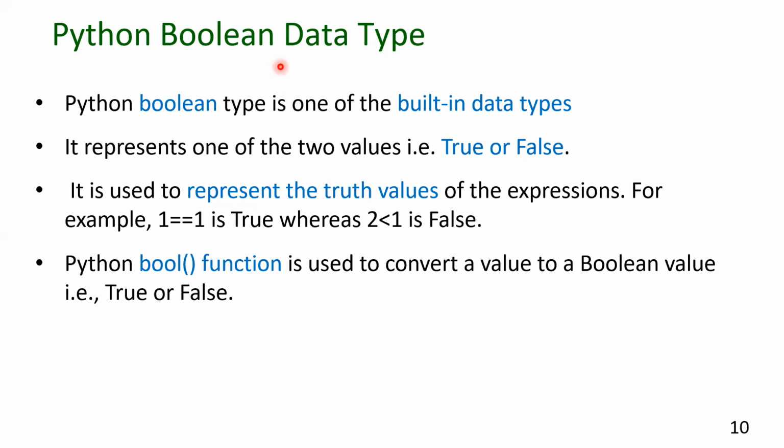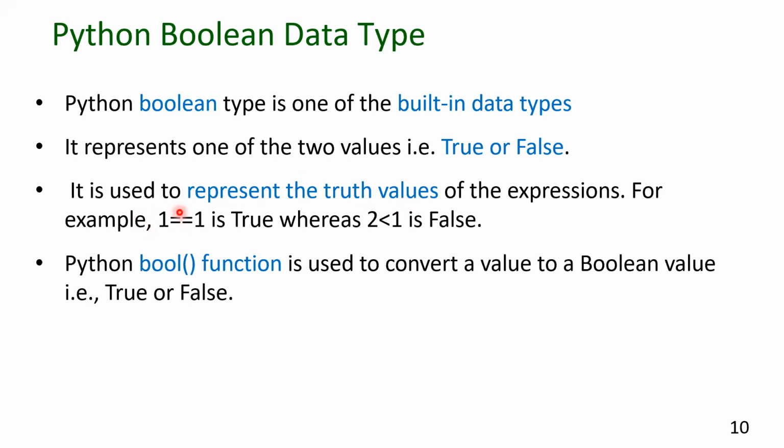Moving on to the next kind of data type, which is Boolean data type. Python Boolean data type is one of the built-in data types. It represents one of the two values, true or false. That means each variable which is of Boolean data type can take only two values, either true or false. It is used to represent the truth values of the expressions.